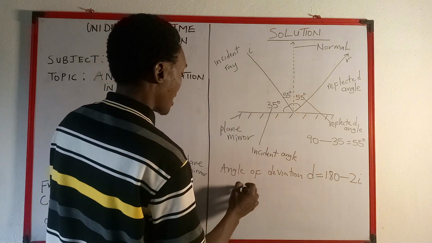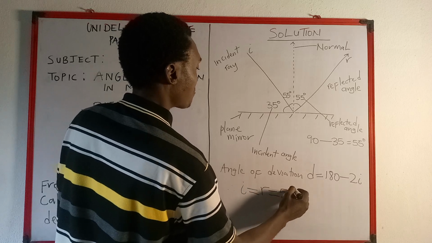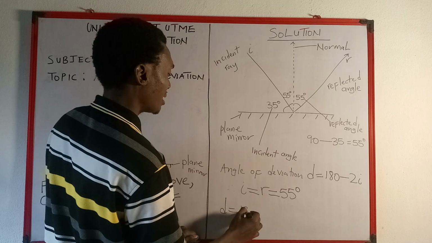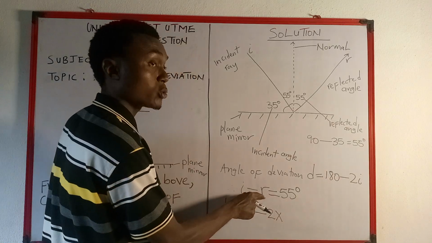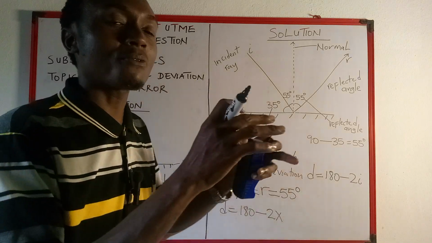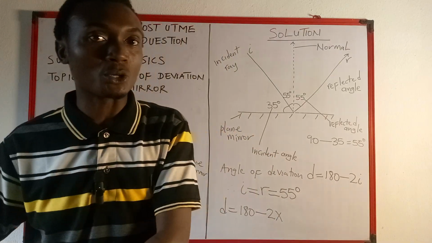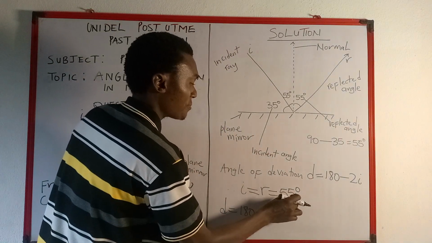So i is equal to r is equal to 55 degrees. From the law of reflection, we say that the angle of incidence is equal to the angle of reflection.